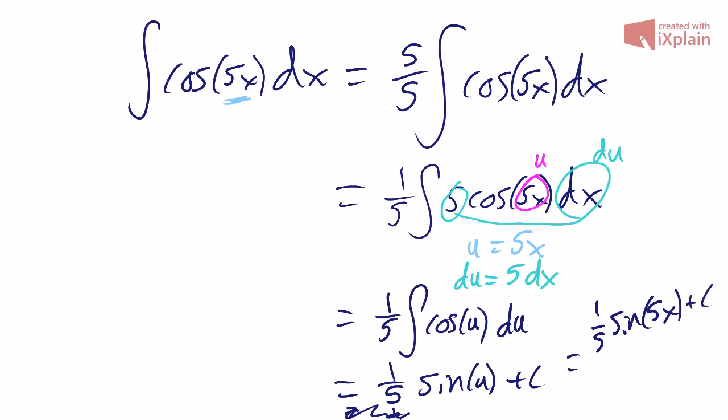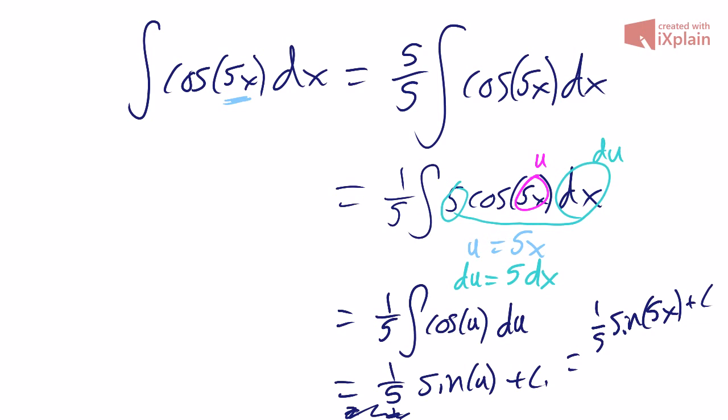Technically, this c would be different than that c, but okay. So the antiderivative of cosine of 5x is 1/5 sine 5x plus c.